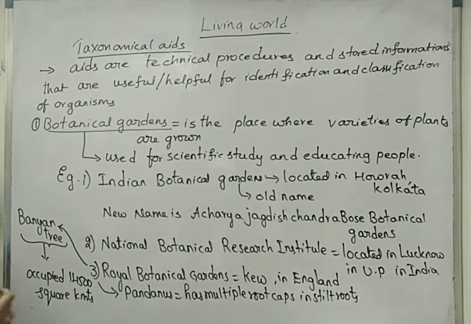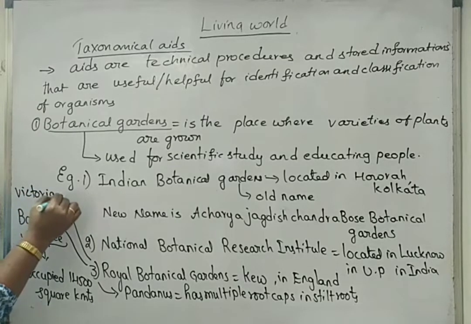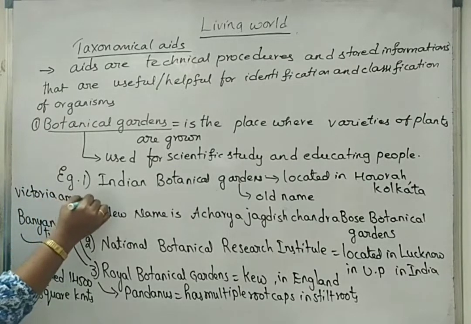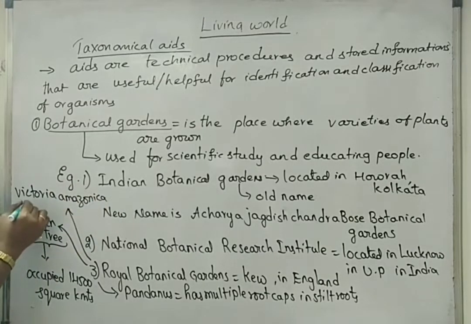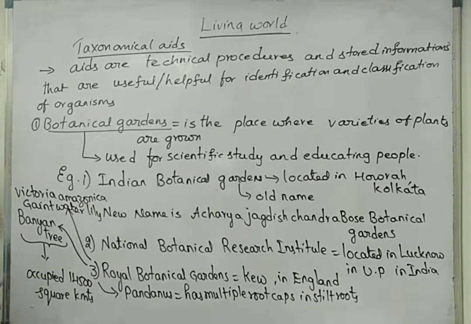Another plant in Royal Botanical Gardens, which later spread to different areas, is the Victoria plant, Victoria amazonica. It is a biological name. We call it the giant water lily. It was initially present in Royal Botanical Gardens and now has spread to different areas.